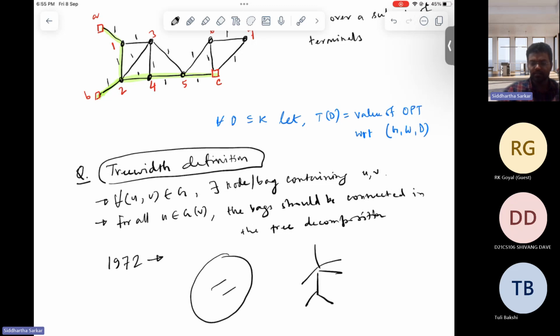Once we can make that assessment, many of the problems which are applicable for trees can be solved, sometimes efficiently or sometimes approximately. From an algorithmic perspective, if you can convert a graph into a tree-like structure, then many of the algorithms can be applied and many of the problems can be solved.